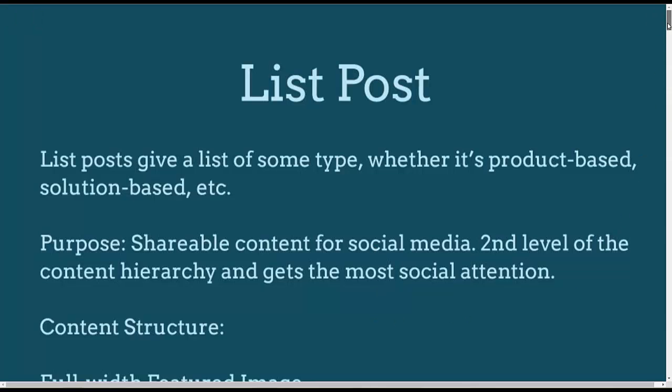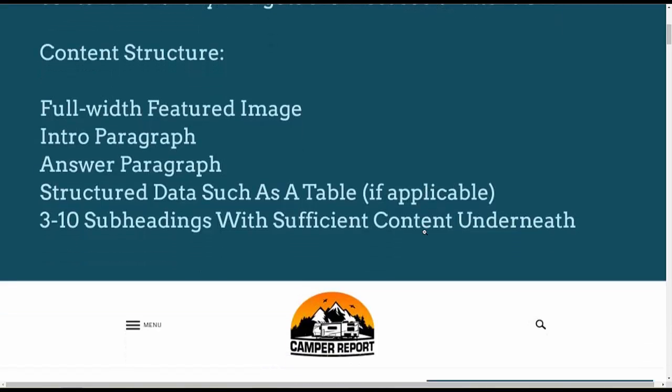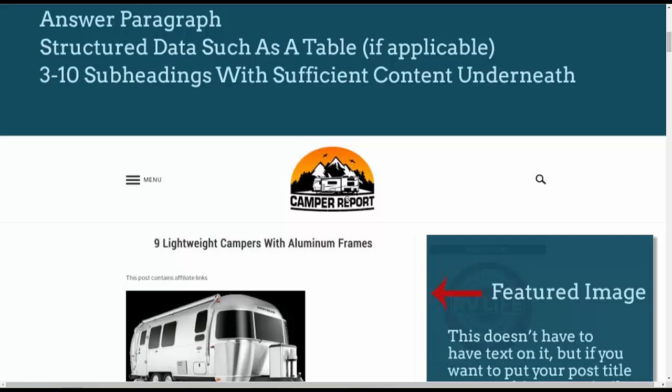So what we're going to do is pull it up. Content structure: full width featured image. You need an intro paragraph. If you can do it, you need an answer paragraph. In this particular one, there's not an answer, because it's just a list post and there's no direct answer. Then structured data such as a table, if applicable, and 3 to 10 sub-headlines with sufficient content underneath.